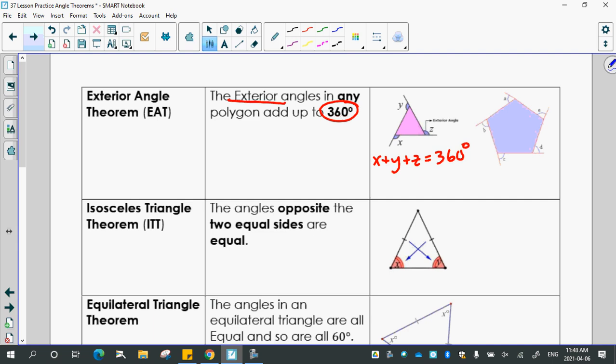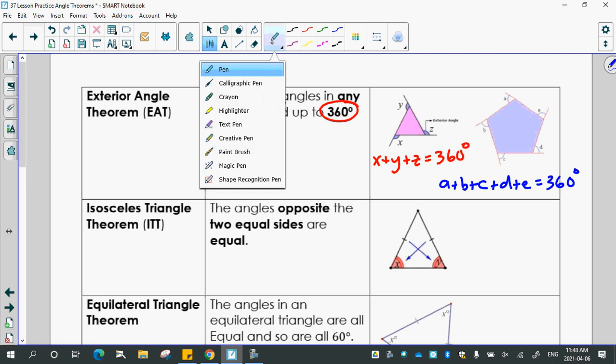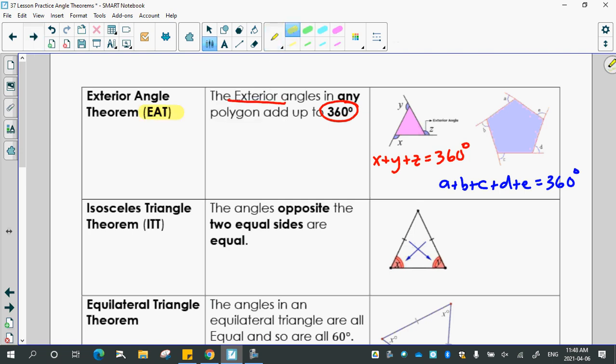And in this picture, you could do A plus B plus C plus D plus E adds up to 360 degrees. So it doesn't matter how many sides the shape has, its exterior angles always add up to 360. And the short form for exterior angle theorem is EAP.